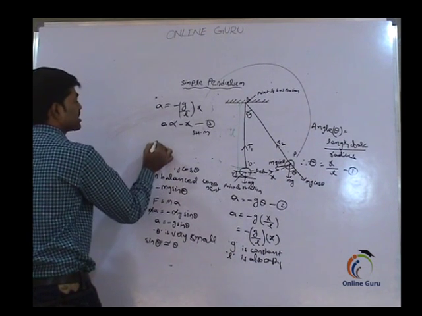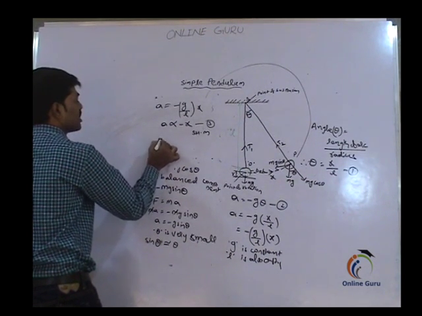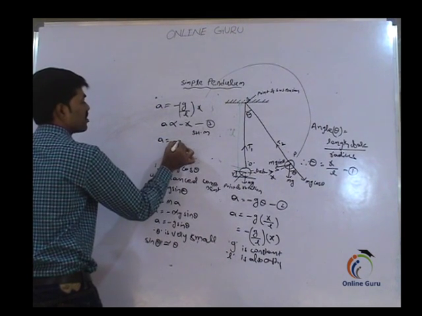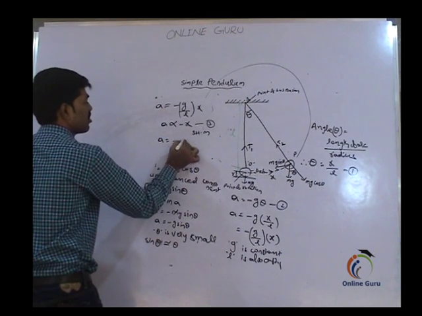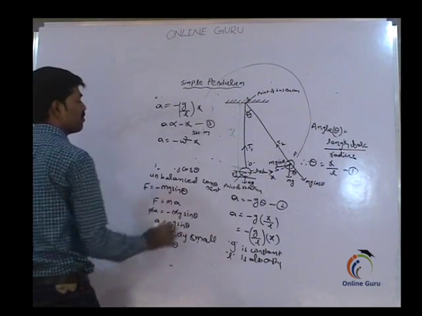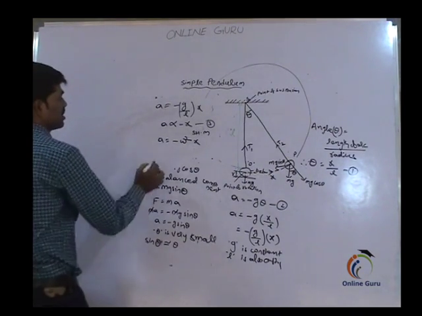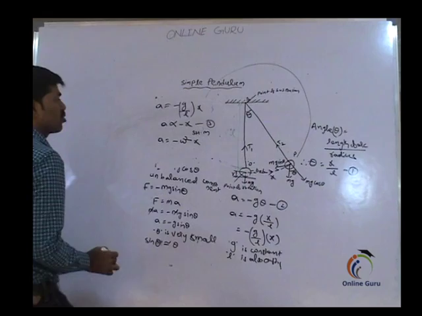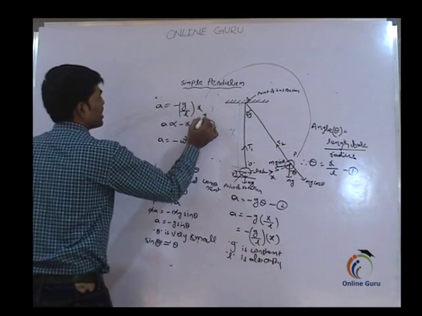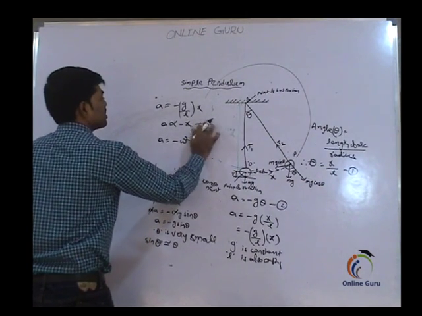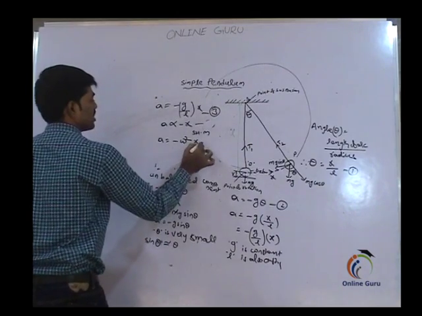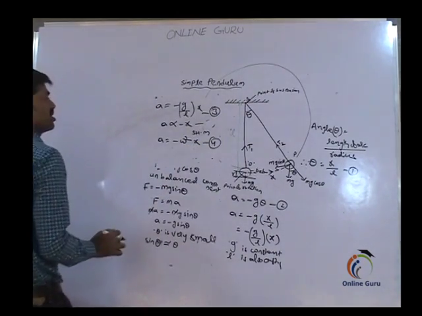So, if it is in SHM, we know that at any point the acceleration can be written as a equals minus omega square x. Let us consider this as the third equation and this as the fourth equation.